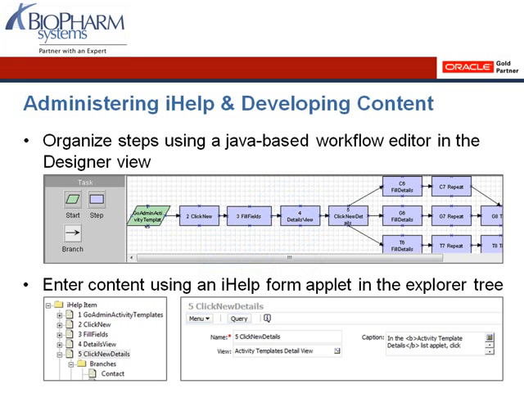So now we'll talk about how the iHelp content is administered and how content is developed. So it's all done through one screen, the admin iHelp screen. And the primary view in the screen that you work with is called the designer view. And in that view, you have a little applet that's a workflow editor.